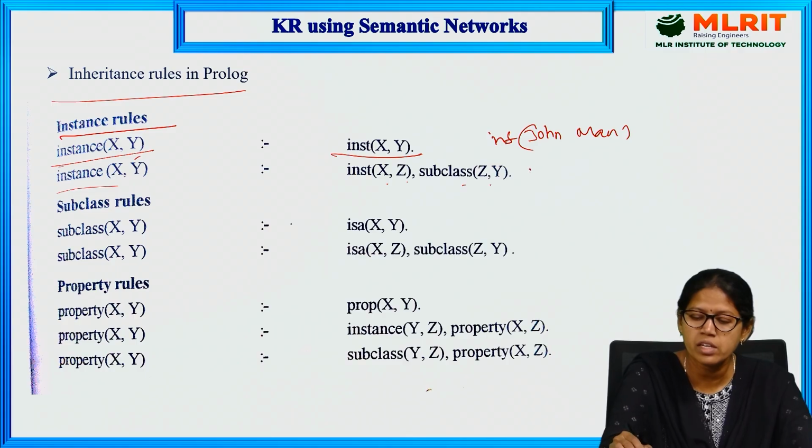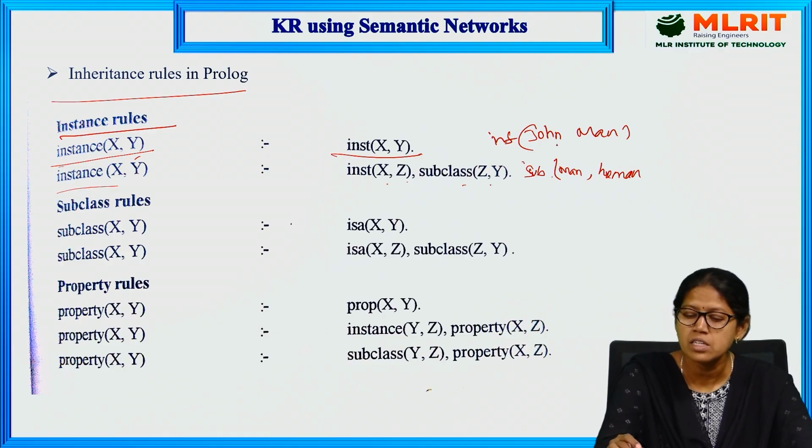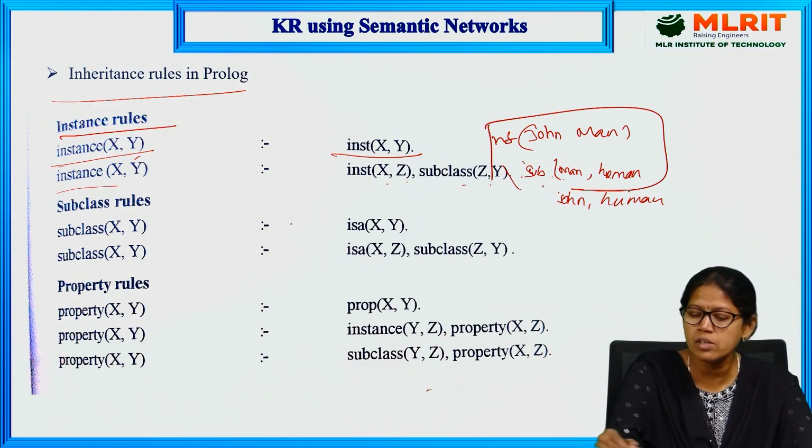Then we can write man is a subclass of human. We can rewrite it like this: if John is a man, and man is a subclass of human, then we can write John is a human. From this knowledge, we can infer the new knowledge that John is a human.